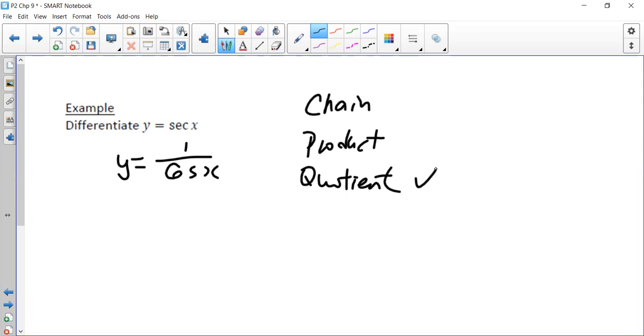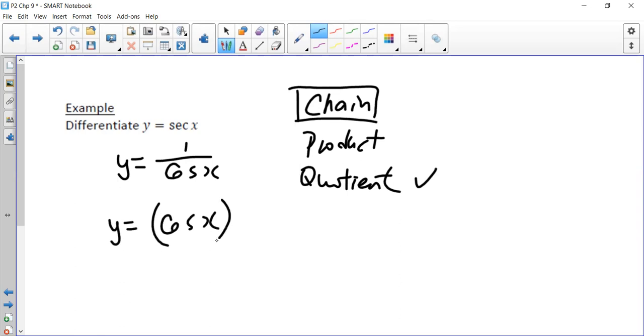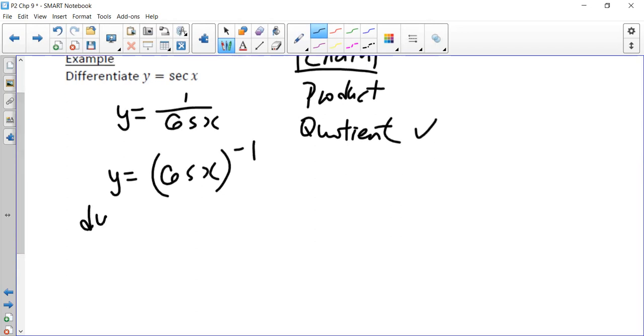But that's not the easiest one, because the easiest one is actually the chain rule. How? We can write 1 over cos x as cos x to the power of minus 1. Remember, we've learned the shortcut for chain rule: differentiate from the outside to the inside. So the outside is the power of minus 1.